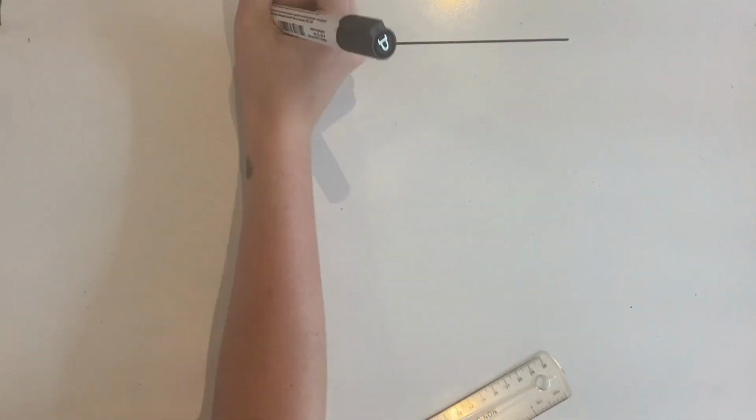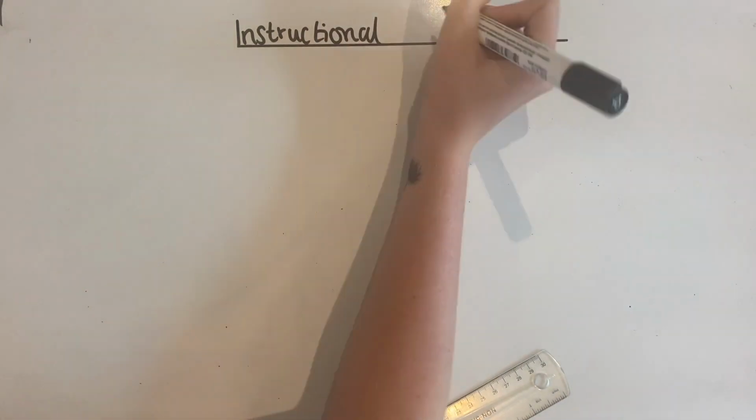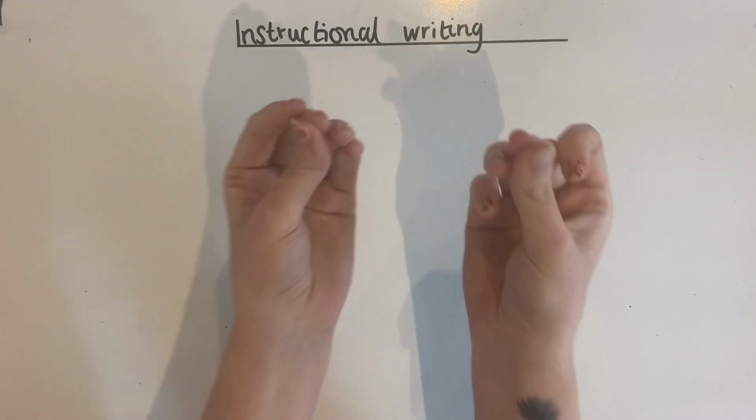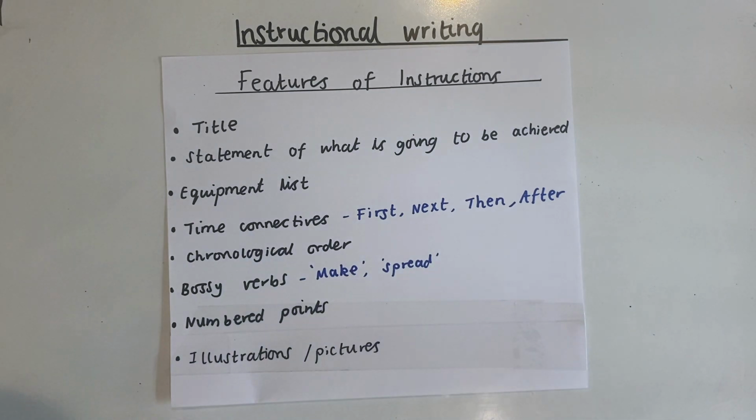Let's go. Right, so before we start writing our instructions, I thought we'd have a quick recap on the features of instructions and see a little checklist, I suppose, of the things that we need to include in our instructions today. So let's take a look here. We have the title, a statement of what is going to be achieved, so kind of like a description. An equipment list of all the things you're going to need, time connectives, so for example, first, next, then, or after.